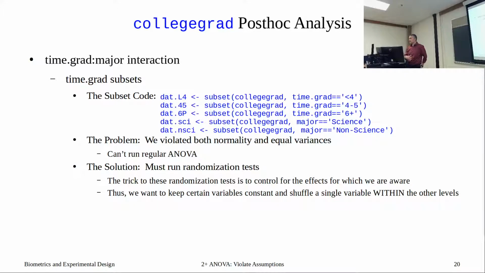We can't just randomize our entire subsetted data set, because now what we've done is remove the effect of private versus public colleges on the salaries. So if we're going to shuffle things, what we're going to have to do is shuffle within all of our private colleges and shuffle within all of our public colleges just to get to a null distribution that accurately reflects the fact that time to graduate doesn't have an effect. All right?